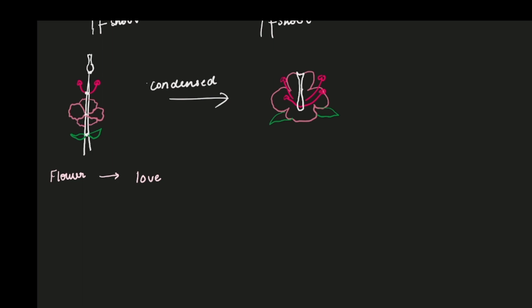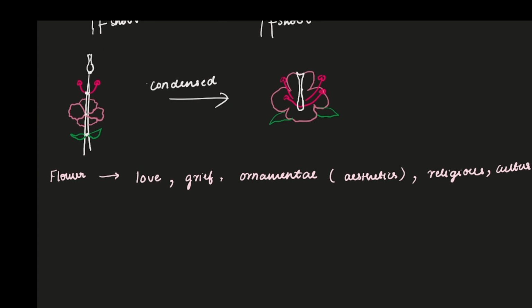It's also a symbol of grief, and they use it for ornamental purposes. It's like aesthetics. I'm sure we love aesthetic stuff. And also religious and cultural purposes. So this is what flowers symbolize.